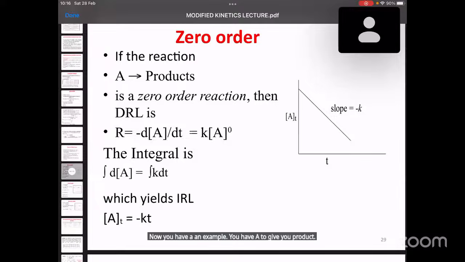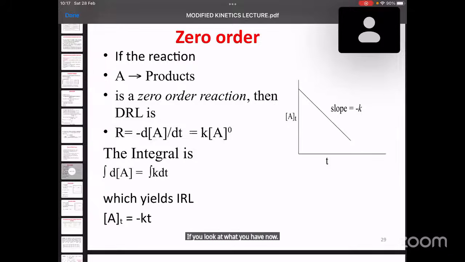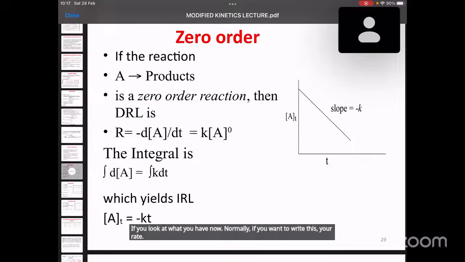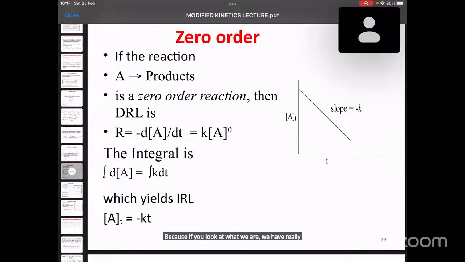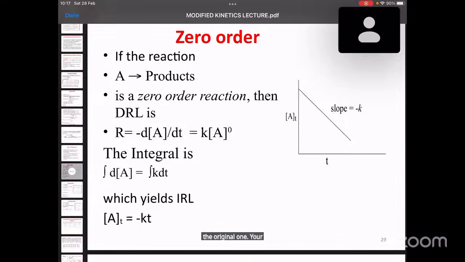When it is a zero order reaction, remember I told you that the integrated rate law comes as a result of the differential rate law. Normally, the original differential rate law, your rate, is going to be equal to K, concentration of A raised to power 0. That is the differential rate law we're coming from.